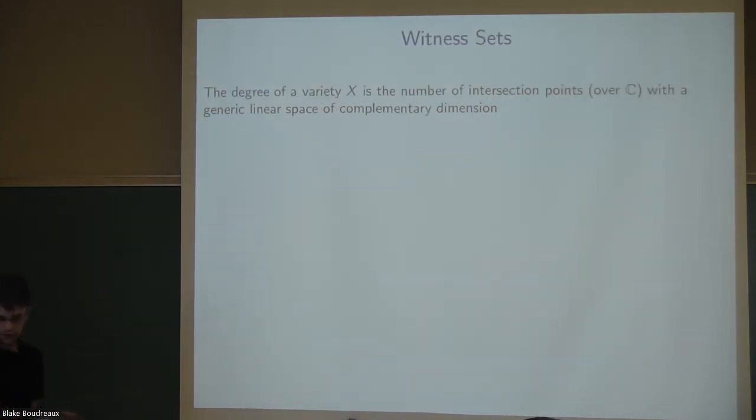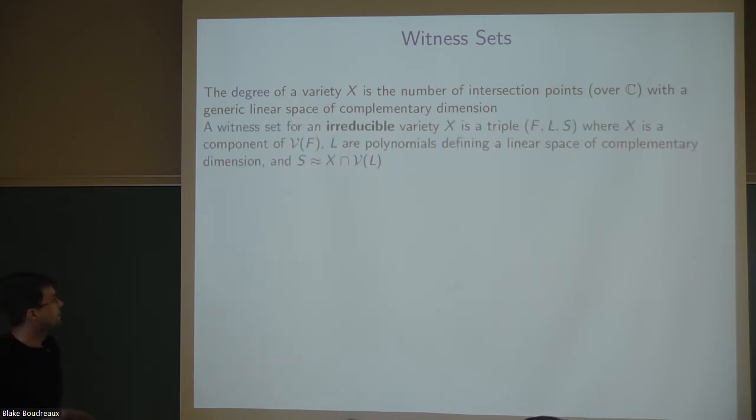As alluded to in the first slide, the degree of a variety is the number of intersection points over the complex numbers with a generic linear space of the dimension which would cause me to expect finitely many solutions. Okay, so complementary dimension is what we call this. And the main data type of numerical algebraic geometry is something called a witness set.